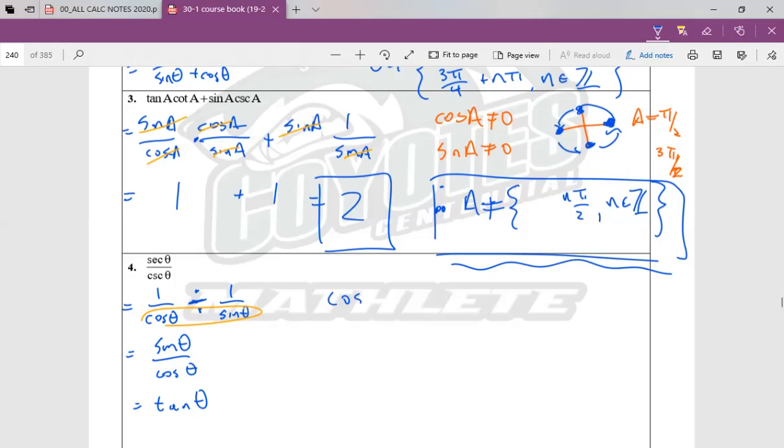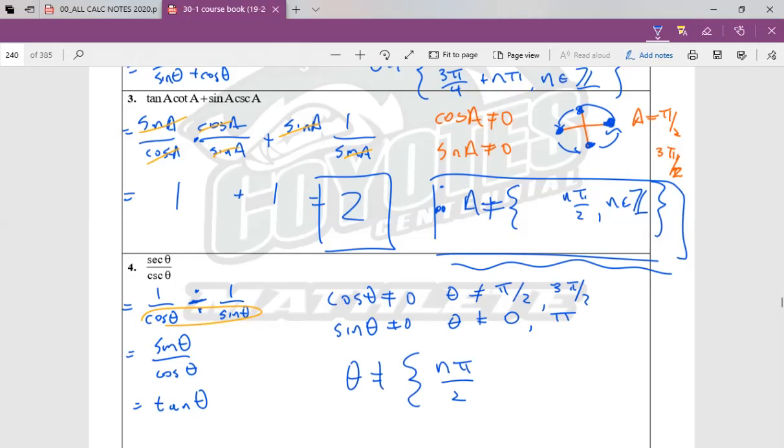So we would say cosine theta cannot equal 0, theta cannot equal pi halves, 3 pi halves, sine theta cannot equal 0, theta cannot equal 0, nor pi, and then altogether theta cannot equal, same thing as back in this question, n times pi over 2.